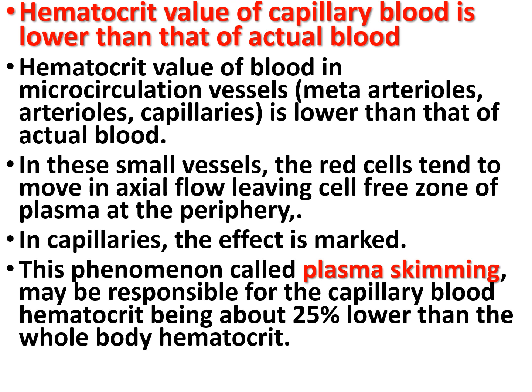All these effects are mainly seen in the capillaries because the capillaries have a very small diameter. Because the RBCs move only in a single file in the middle of the stream, this phenomenon, known as plasma skimming, may be responsible for the capillary blood hematocrit being about 25% lower than the whole blood hematocrit.